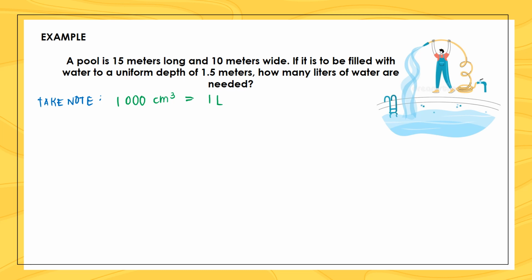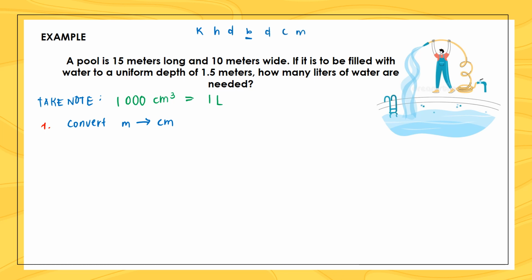So let's write it here. For your first step, we convert meters into centimeters, right? So again, let's write here the mnemonics. King Henry died by drinking chocolate milk.